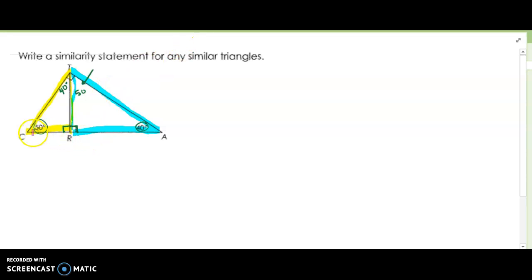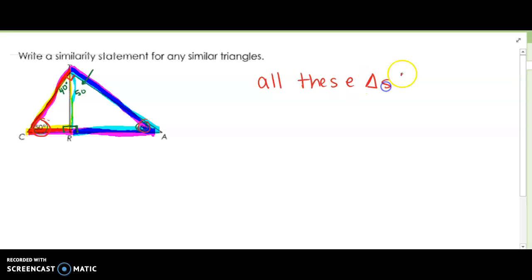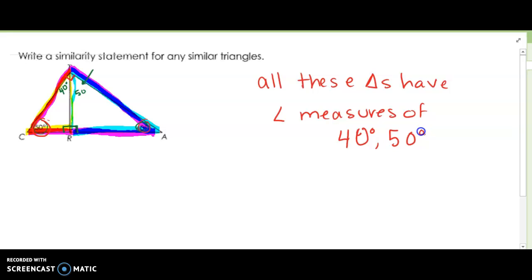And then if I look at this big triangle, this is 50, this is 90, and this is 40. So all of these triangles have angle measures of 40 degrees, 50 degrees, and 90 degrees.